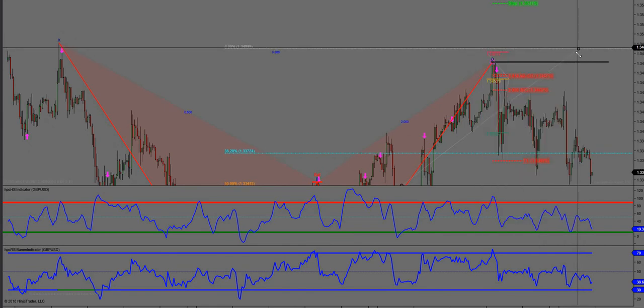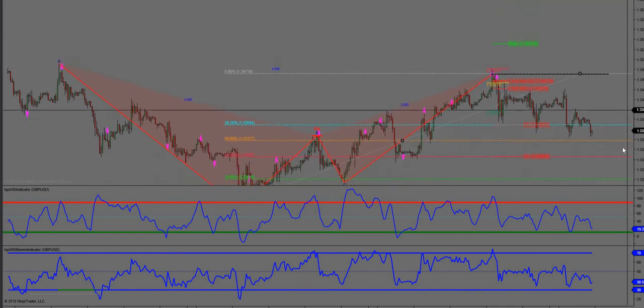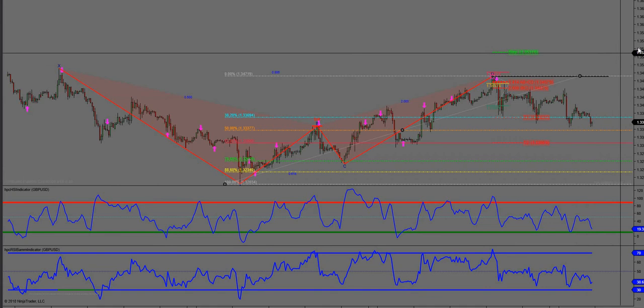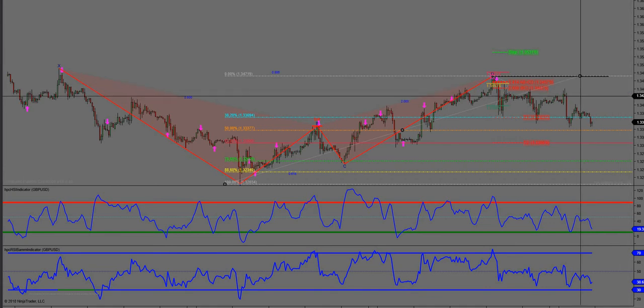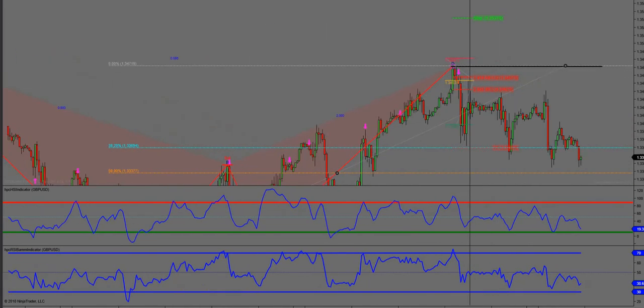Measure it from the very low of the pattern to the very high, depending on whether it's bullish or bearish. If it's a bullish pattern, you would do it from the high to the low, and if it's a bearish pattern, you would do it from the low to the high. I don't know if that makes sense, but whatever.